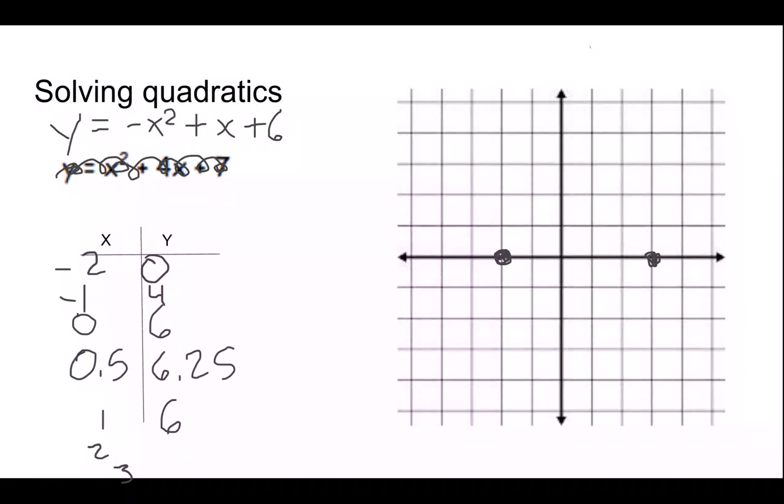And then we had a point at negative 1, 1, 2, 3, 4. So it gave me a much clearer picture when I went out.